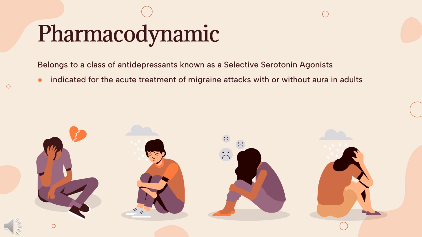Pharmacodynamics. Almotriptan is a selective 5-hydroxytryptamine receptor subtype agonist indicated for the acute treatment of migraine attacks with or without aura in adults. Almotriptan is not intended for the prophylactic therapy of migraine or for use in the management of hemiplegic or basilar migraine.